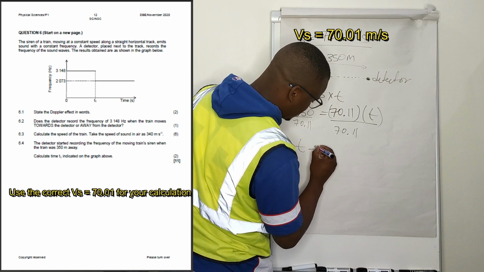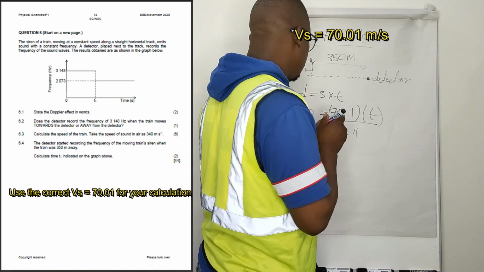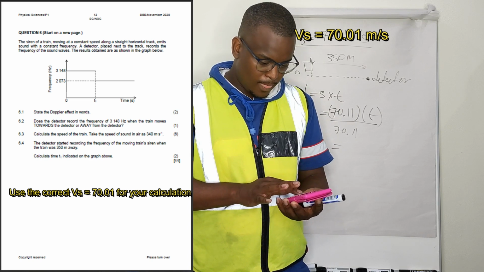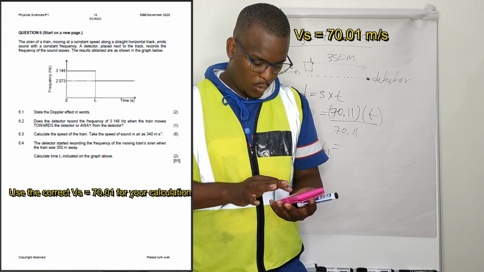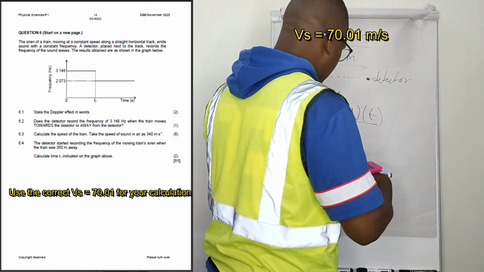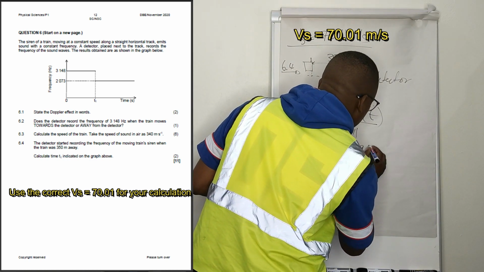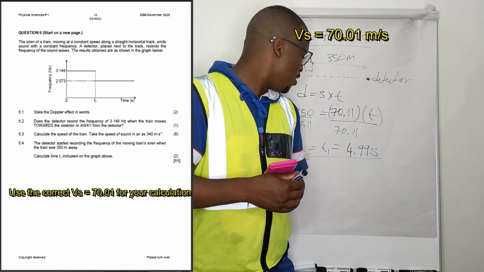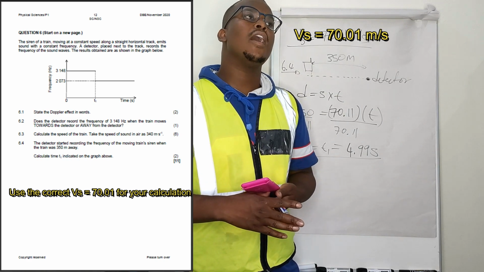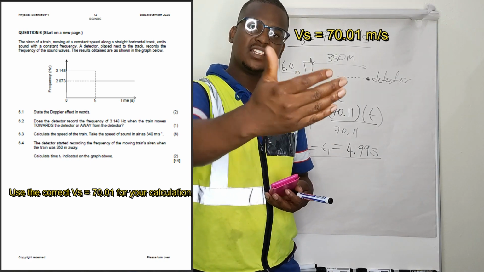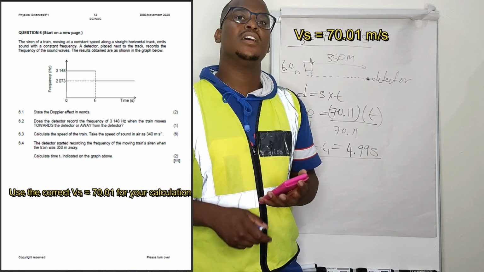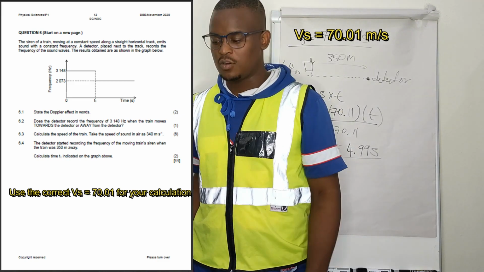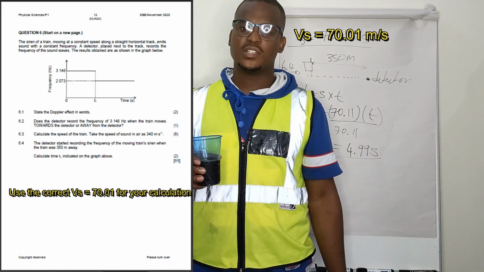So your time, which is equal to T1, is equal to 350 divided by 70.11. So this is 4.99 seconds. So the train took 4.99 seconds to travel 350 meters and pass the detector, which is more or less 5 seconds. This is where this question ends. This was easy, 11 marks.